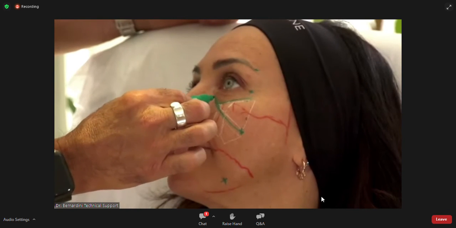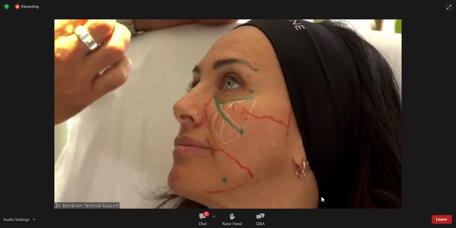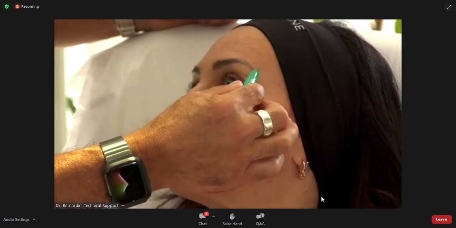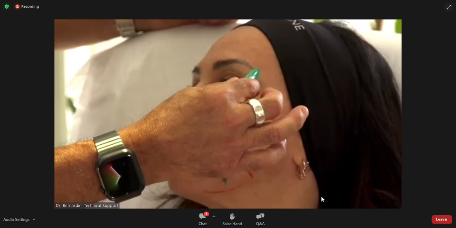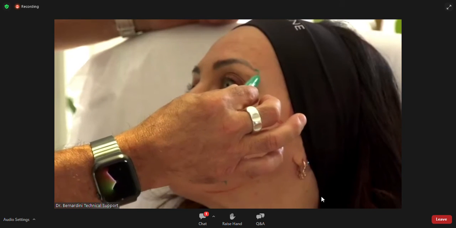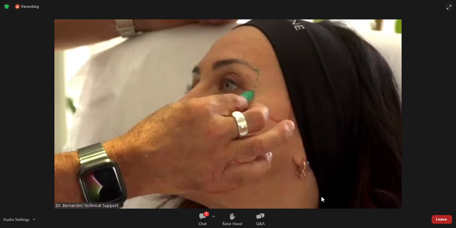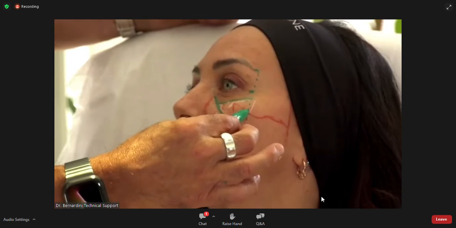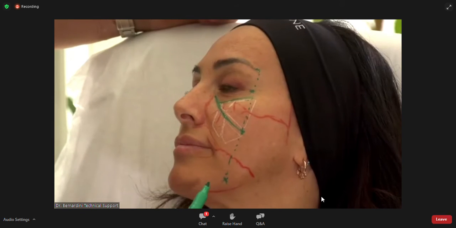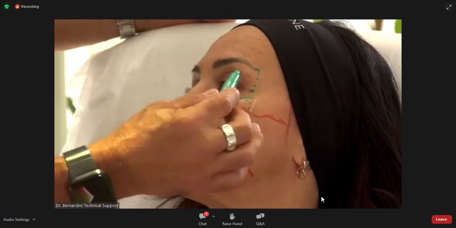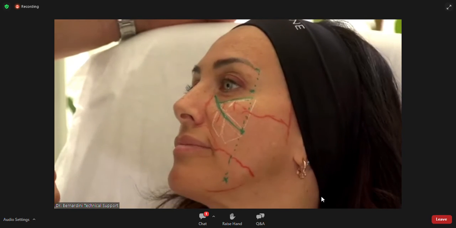Here, the zygomatico-cutaneous ligament. Here, I marked the landmark of the lateral line of ligaments: the temporal line adhesion, the lateral orbital thickening, the zygomatico-cutaneous ligament, and finally the mandibular ligament. So this is the lateral line of ligaments.